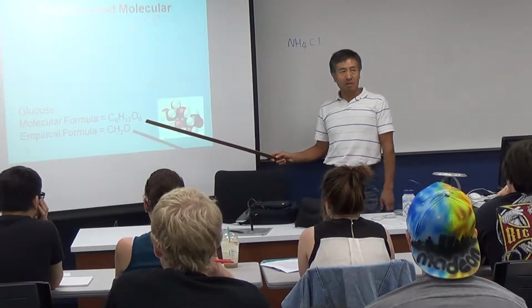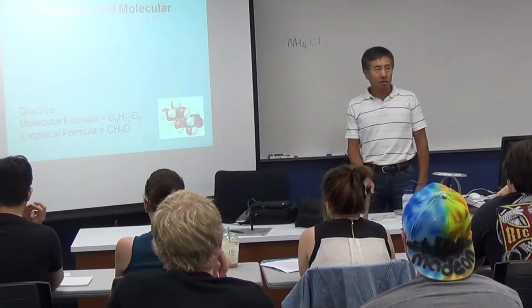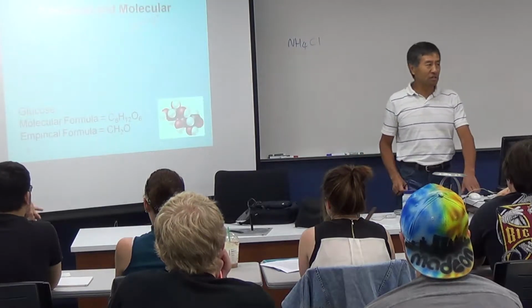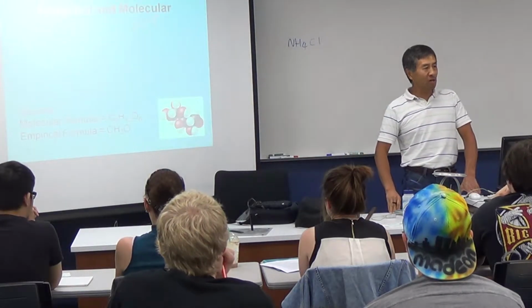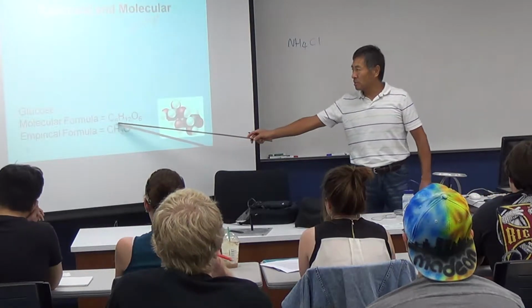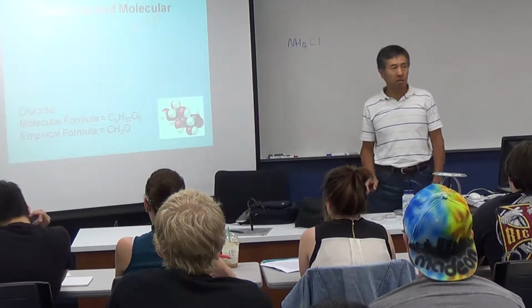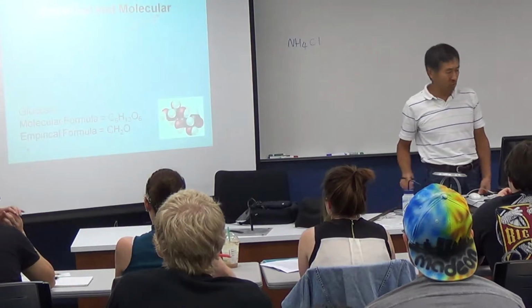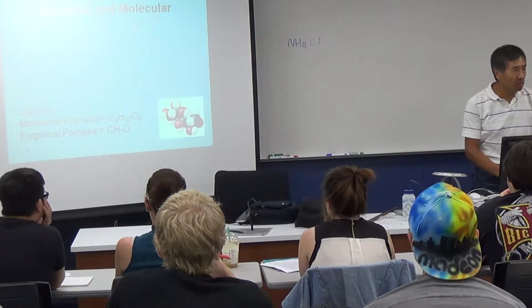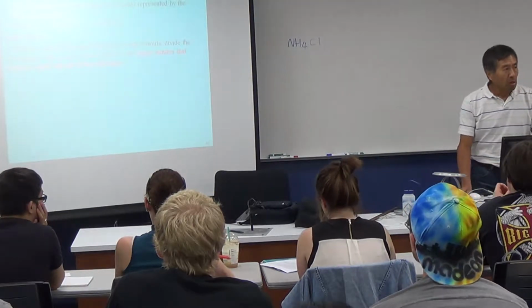But sometimes you only consider what the ratios are. So you can just say, what is the largest number: 6 and 12 and 6. All can be divisible by 6. Therefore, you can reduce that into 1, 2, and 1. Right.